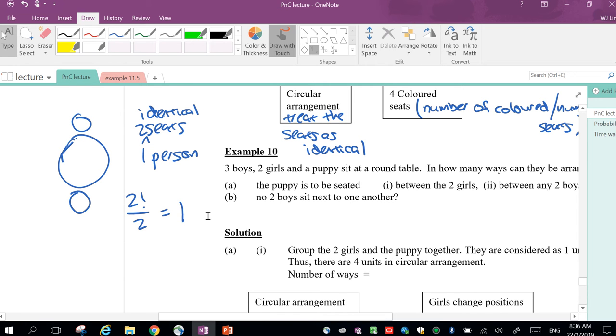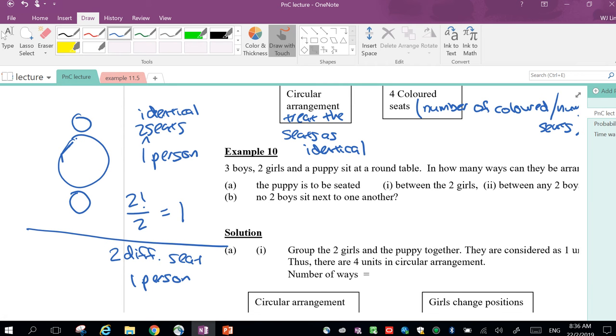But now if I label them, two different seats, 1 person. Two different seats, meaning I numbered. This is seat A, this is seat B. I sit here, consider 1, then I sit here, consider another 1.